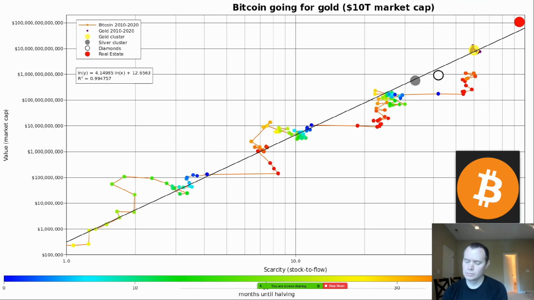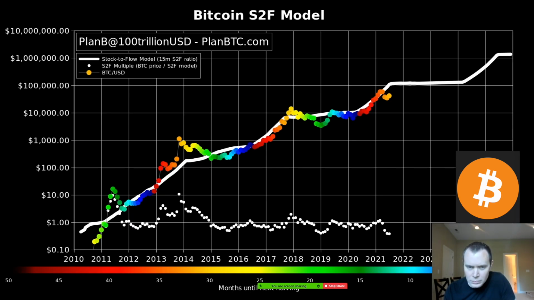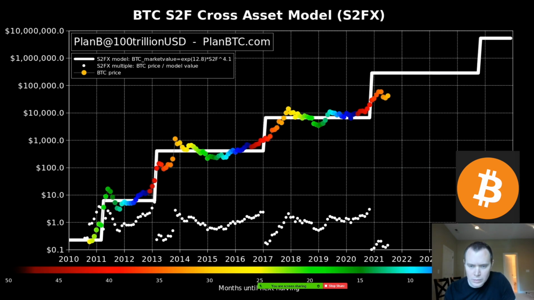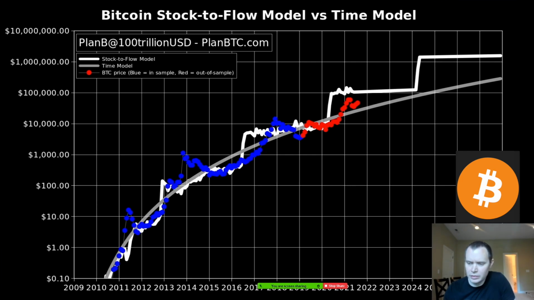The third point is basically that halving point again, that the halvings are so unbelievably important. The other point is, if we go back to the time series and stock-to-flow combined chart, this one?